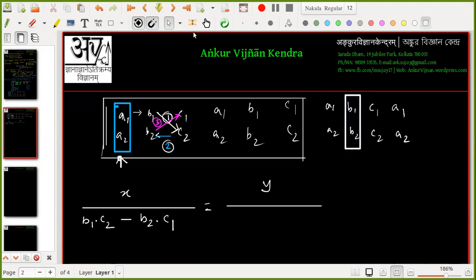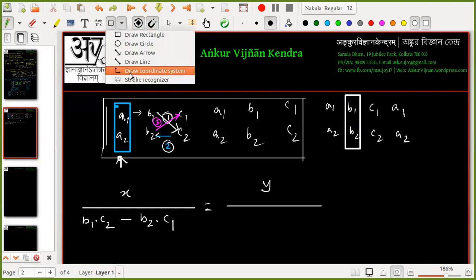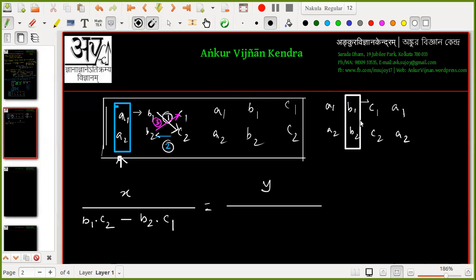So what happens now? Step one is, you are taking the first step from c1 to a2. So this is the first step, c1 to a2.